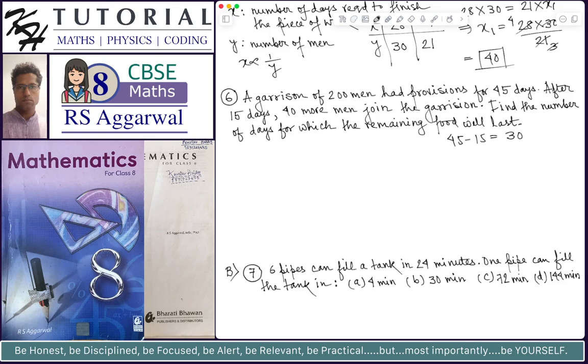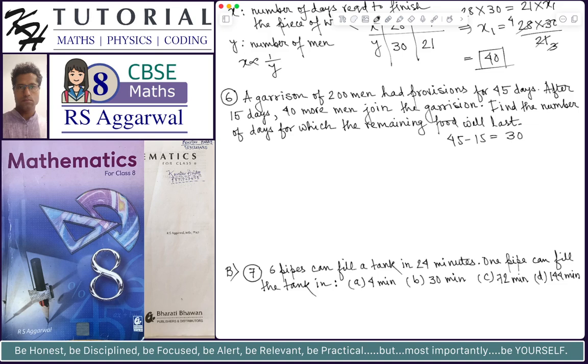So after 15 days, the food will last for another 45 minus 15, that is 30 days. So after 15 days, the 200 men will last for 30 days based on the provision.